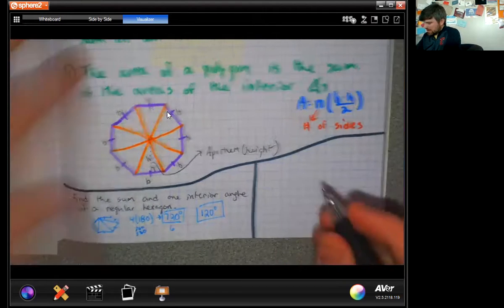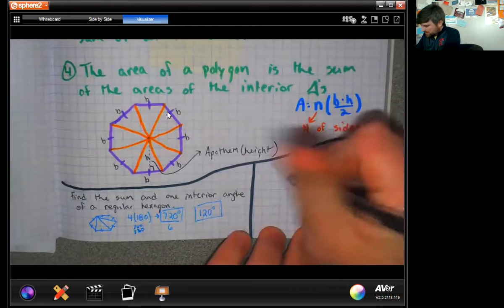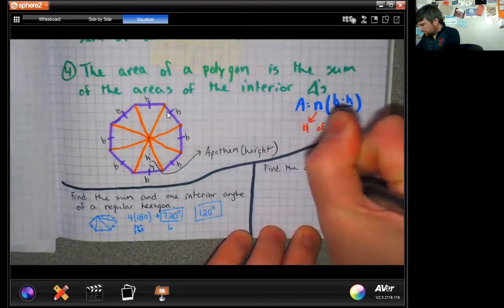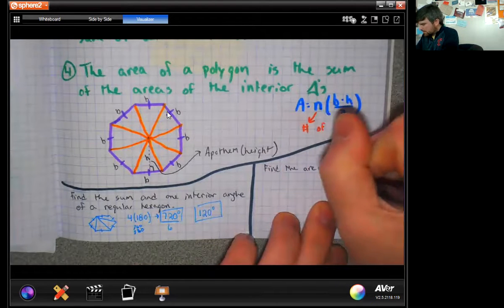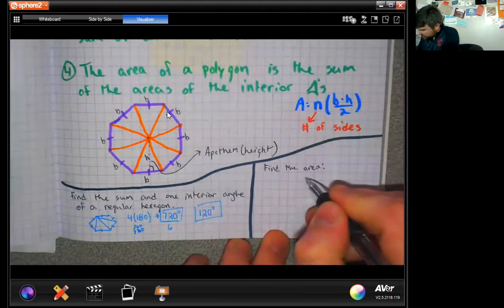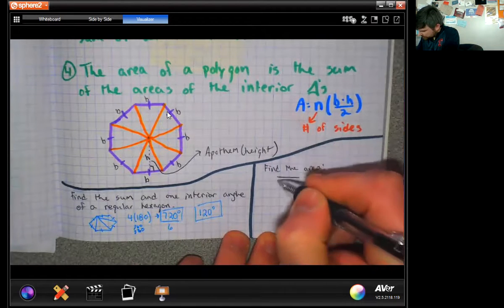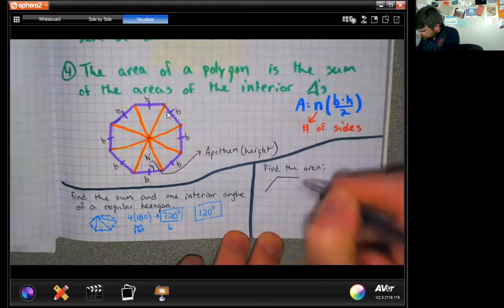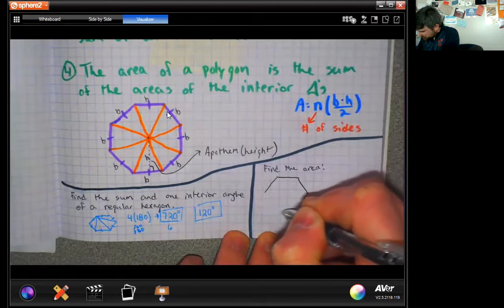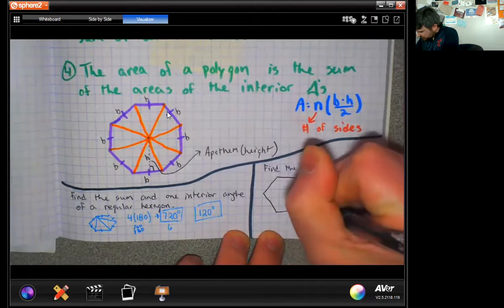Okay, let's look at an area one. Let's just use the hexagon too. Find the area. And I'll draw the picture. So we'll put it over here so there's room. Try to draw a decent hexagon this time. Okay.